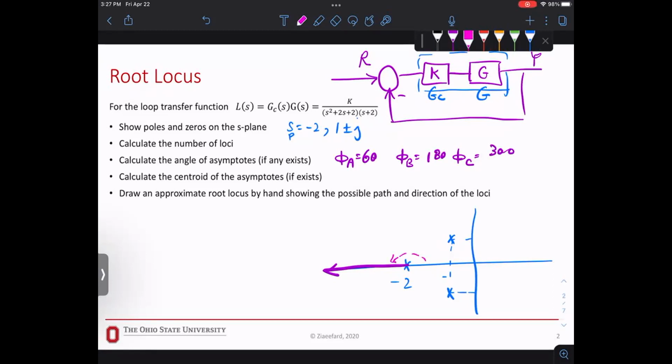And then how do I draw 60 and 180? So it's from the pole. Since my pole here has an imaginary part, the angle is still measured from the real axis. So 60 from here. And then for this one it is 300 or negative 60. So this is the asymptote, it is not the locus.